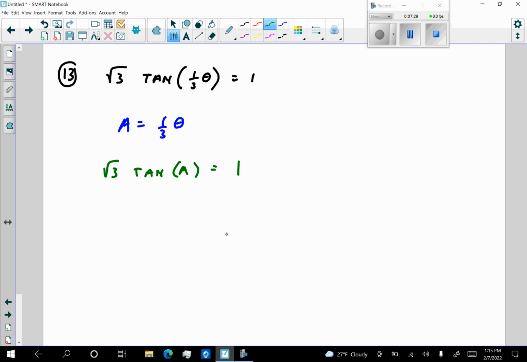I'm going to isolate the trigonometric ratio by dividing by square root of 3, or multiplying by 1 over square root of 3. And so now I have the tangent of A is equal to 1 over square root of 3. That simplifies to square root of 3 over 3.